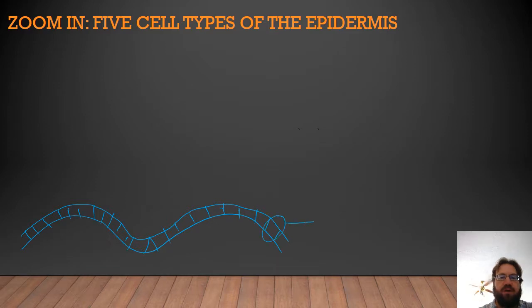So our first cell type that we're going to find are skin stem cells, which are constantly dividing to produce new cells that will move up through the layers of the skin here to replenish the cells that are lost at the top.